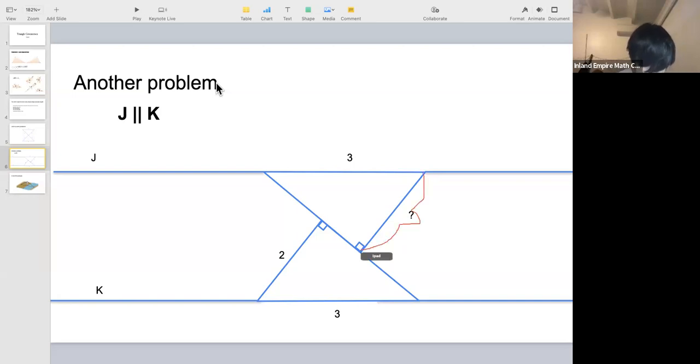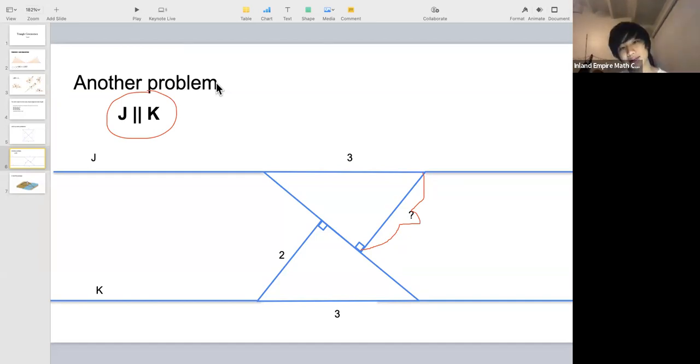And in case you're curious, what this means right here is that J and K are parallel, which means that these two lines will never meet, and they are facing the same direction. We'll talk about exactly why that matters later.